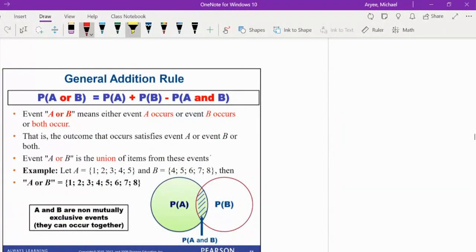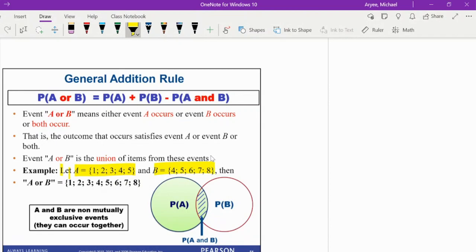In this example, suppose event A has 5 members: 1, 2, 3, 4, 5. Let's say these are labels for certain students.